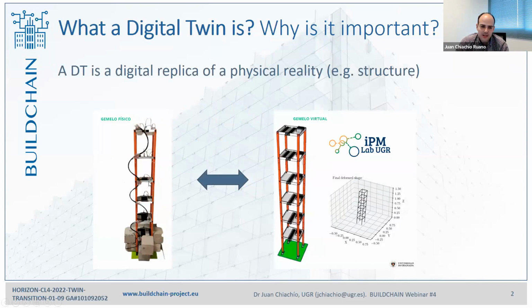This is a laboratory scale structure full of sensors, different type of sensors such as accelerometers, etc. And then we have a digital version of this reality in our computer, where we can reproduce not only the mechanical behavior of the structure, but also the position of the sensors, in which points those sensors need to provide data, etc. Okay, so this is, formally speaking, what a digital twin is. It's a very simple concept.